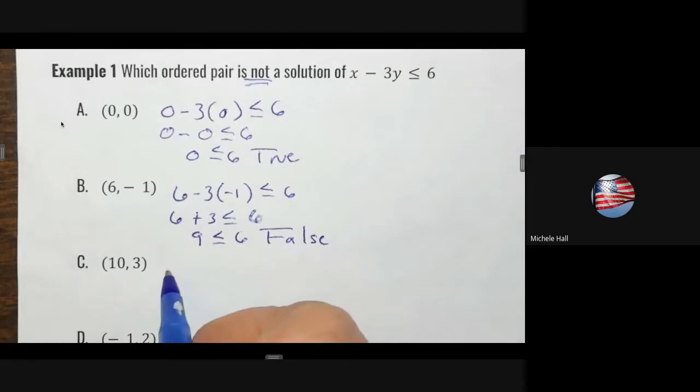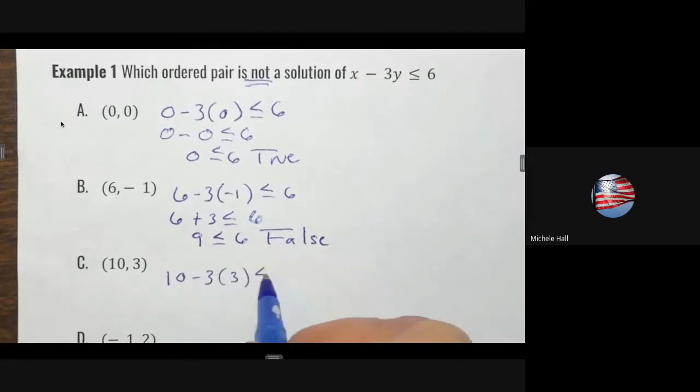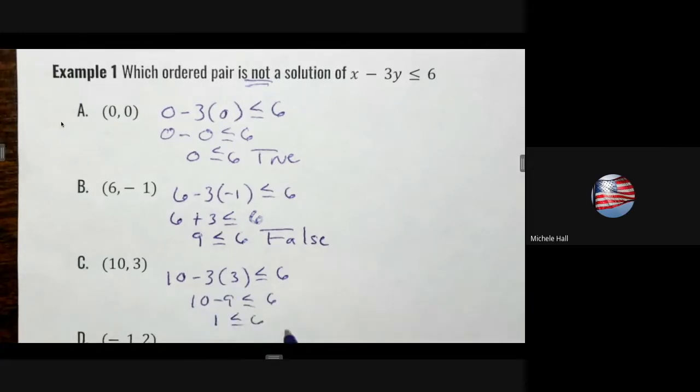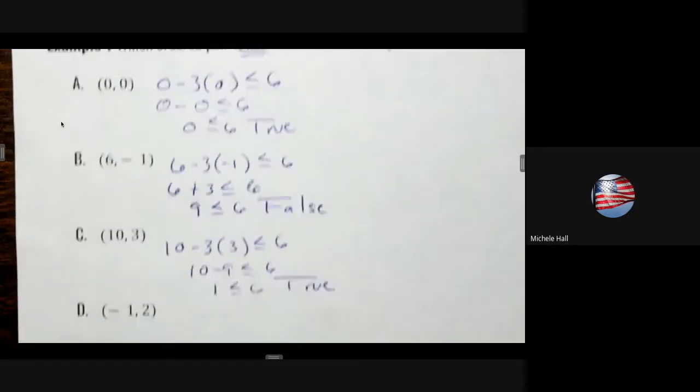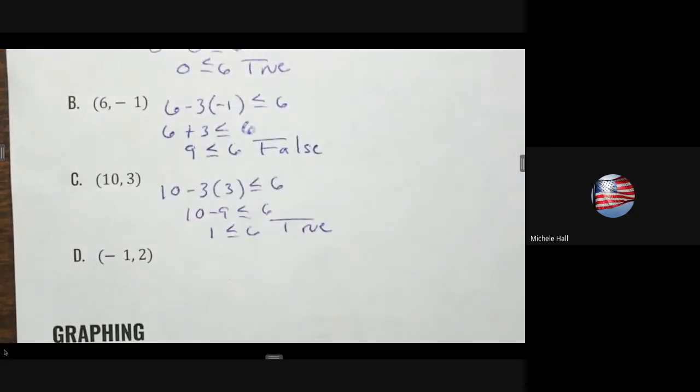We have 10 minus 3 times 3. Negative 3 times 3 is 9. Is 1 less than or equal to 6? Last one.